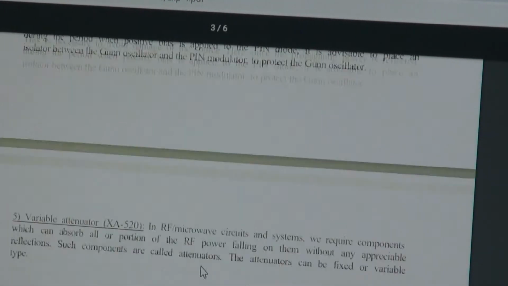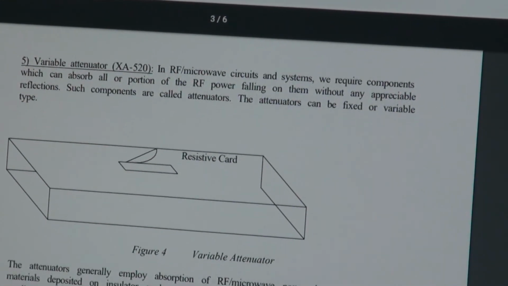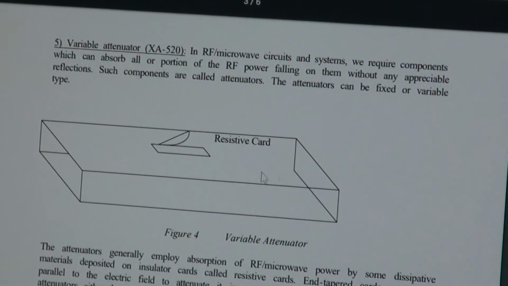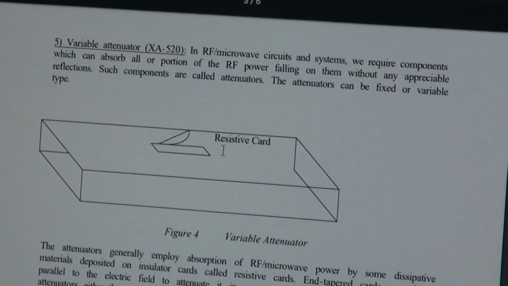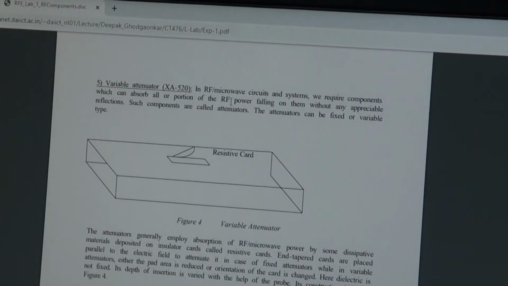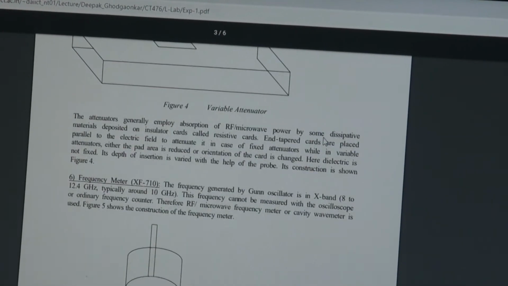The fifth is the variable attenuator, and this is the figure of the variable attenuator. This is a rectangular waveguide, and here is a resistive card. And the description of the variable attenuator is also available in detail.